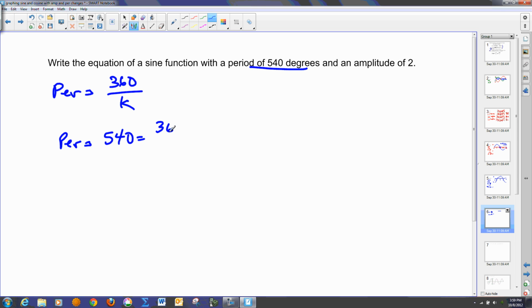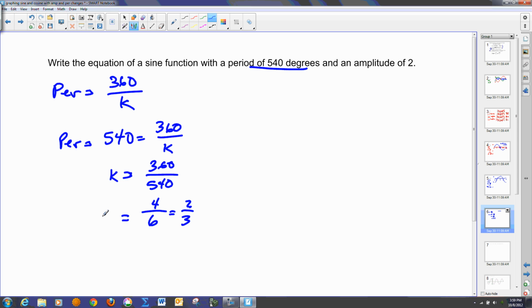equals 360 over k. Therefore, k is equal to 360 over 540. I know 90 goes into both of those, 4 times up top and 6 times up on the bottom, which goes to 2/3.